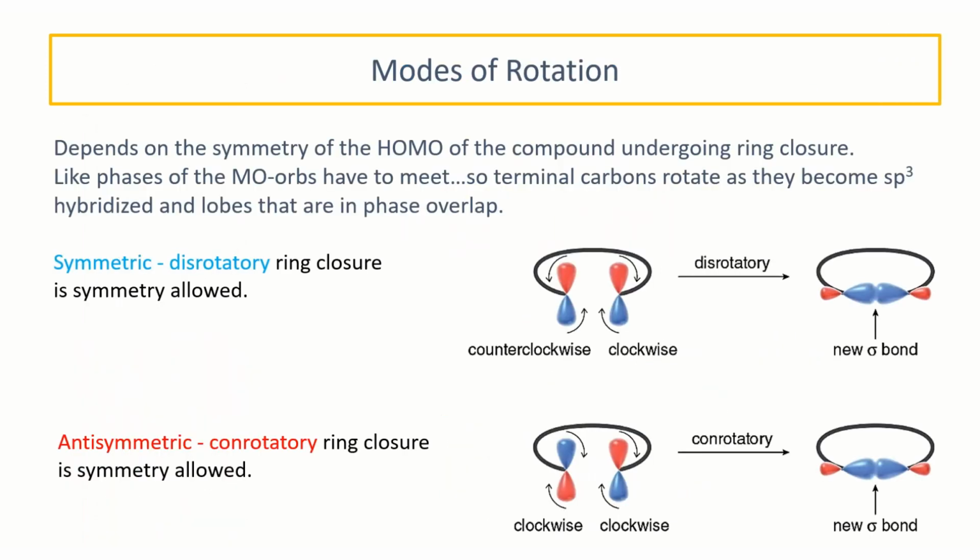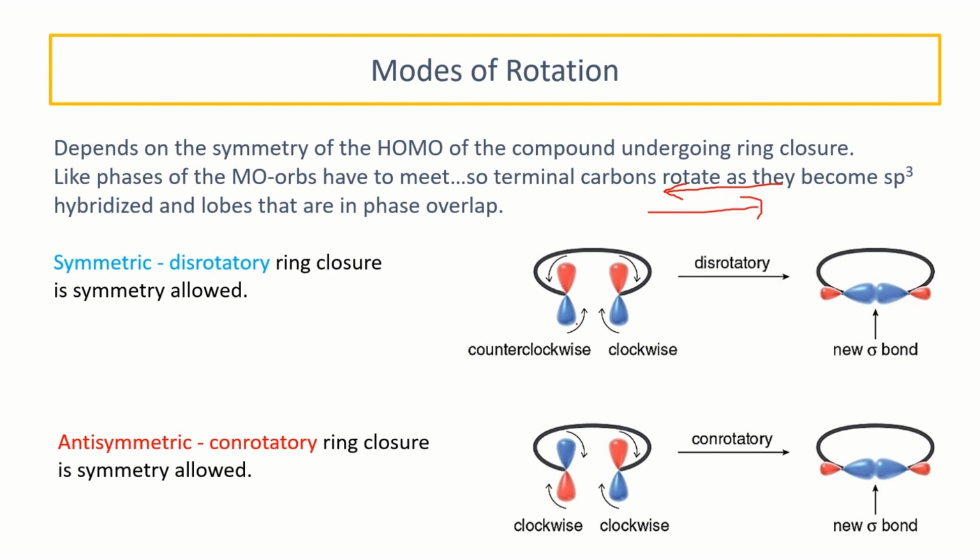For this triene, or any electrocyclic, the mechanism is that of a rotation of those ends to form the ring or to open the ring.